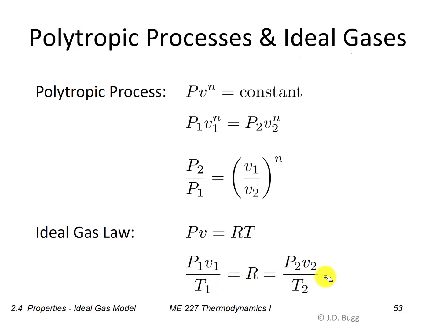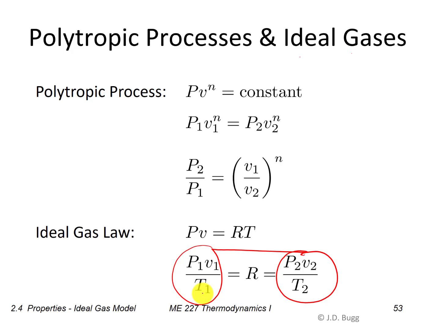For any process, whether it's polytropic or not, if we're dealing with an ideal gas, then PV over T stays constant. So here PV^n is a constant, and for this substance PV over T is a constant.